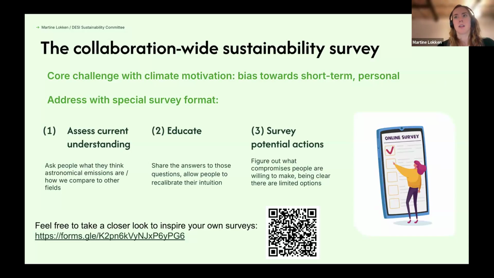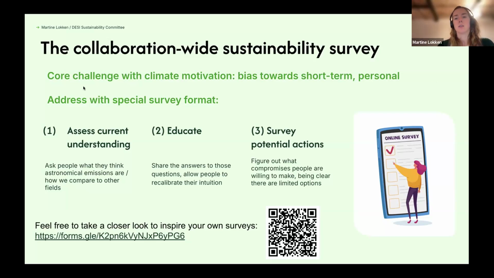And we decided to put a lot of effort into making this survey. Some other members of the committee, like Noah Weaver-Dick and Jesse Hahn, put a lot of work into really making a survey that not only assesses people's feelings and interest in certain actions, but also educates.